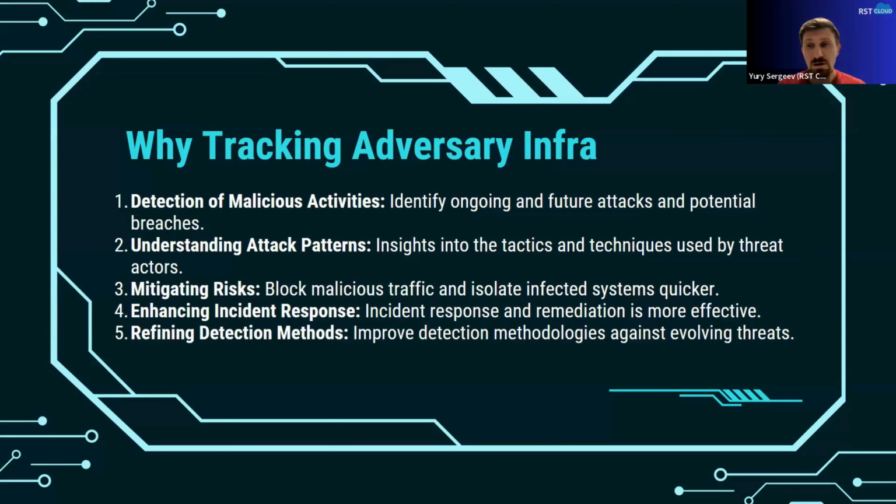We want not to do the same thing, but also we want to understand if we can find infrastructure quicker than it's being used by threat actors, and then it will become a future indicator. They create stuff, we find it via scanning, we flag it as malicious, and then in the very first attempt to use that infrastructure, it can be already detected and blocked. That's the end goal, ensure that future attacks are stopped.